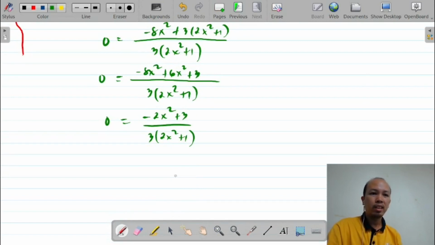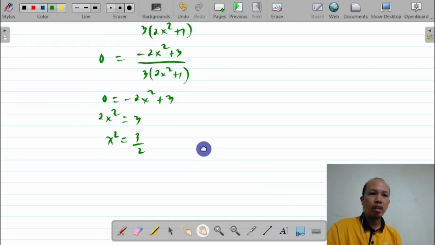In the denominator, the same argument: we have a complex number here. But in the numerator we can have 0 equal to negative 2x² + 3. So we have 2x² equal to 3, then x² equal to 3/2.